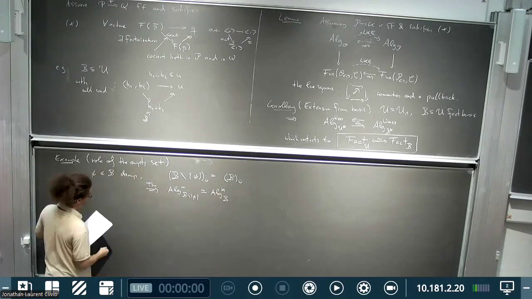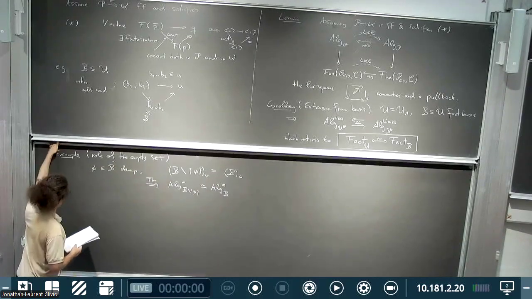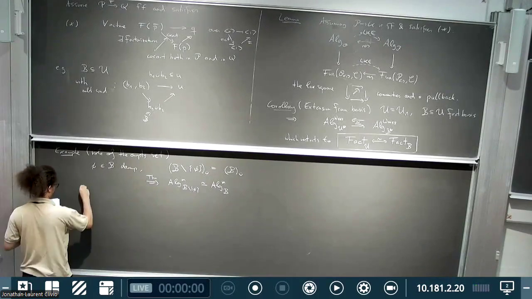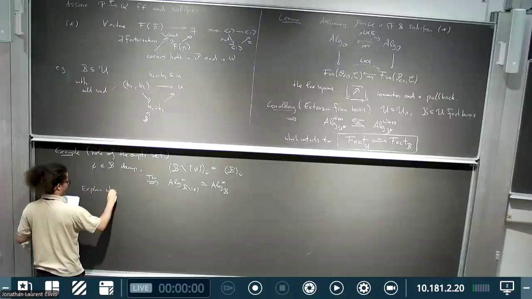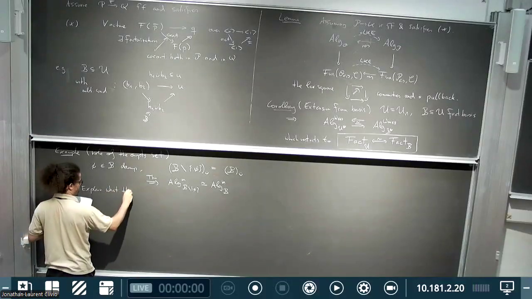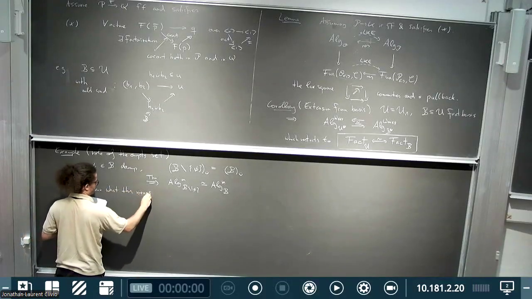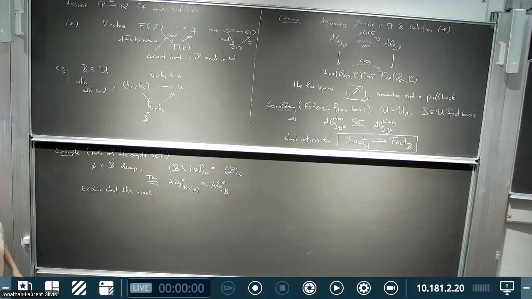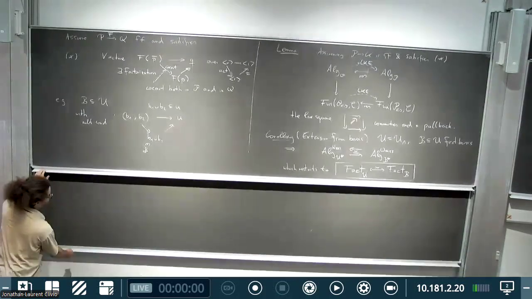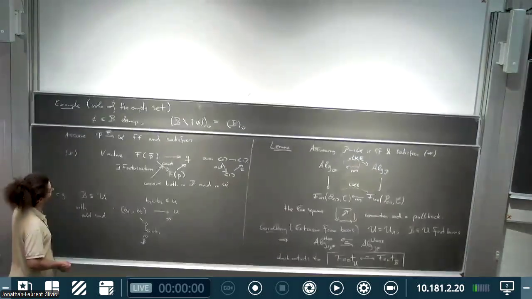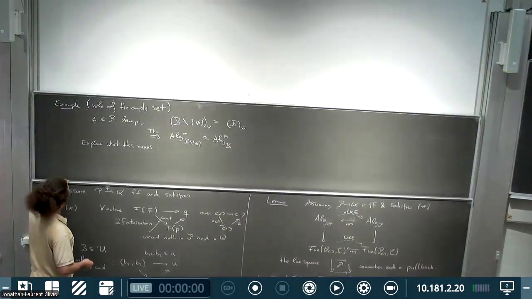And I want to explain this in a little bit more down to earth way. So let's explain this. Explain what this means. So already last time, I made a very trivial observation, which I will repeat.